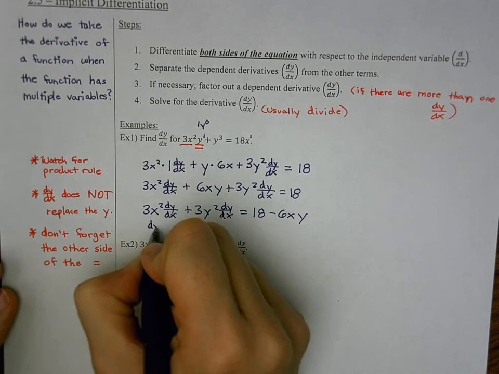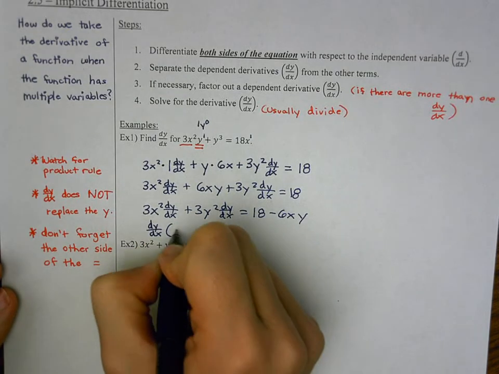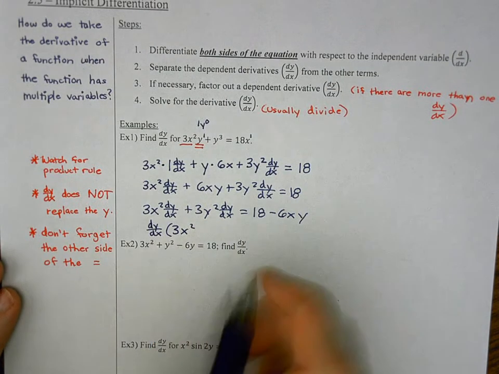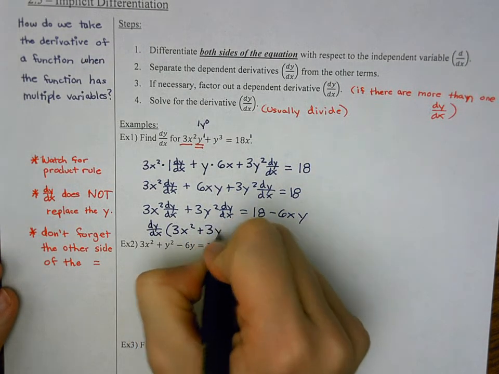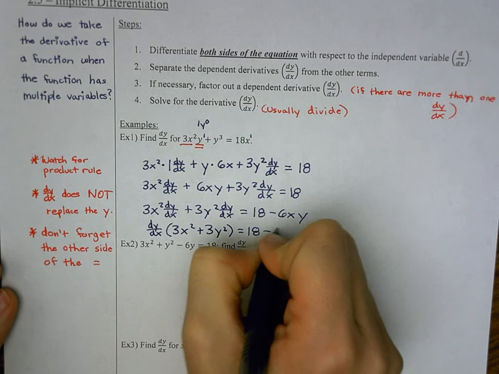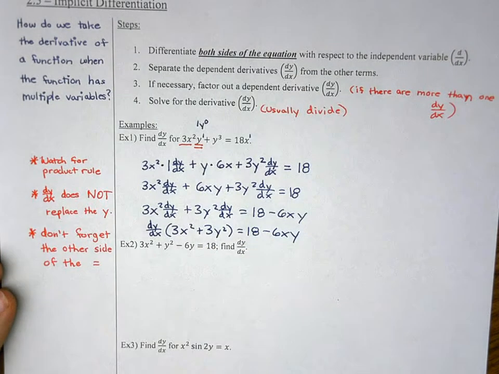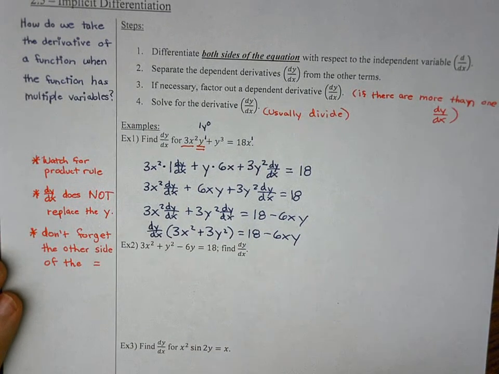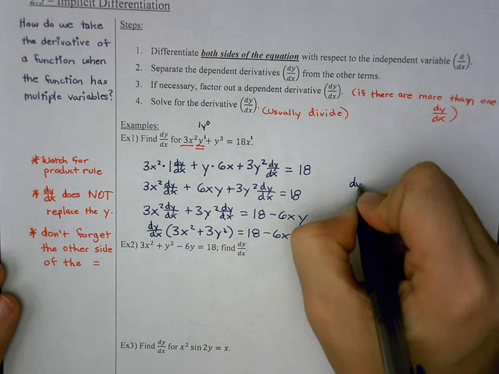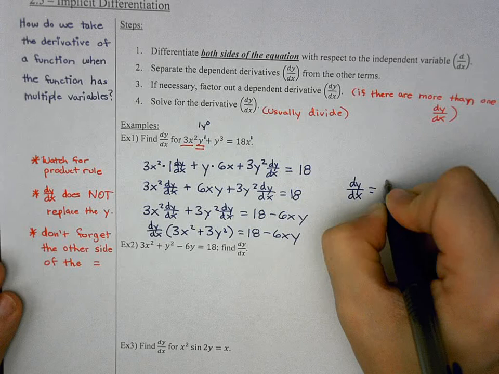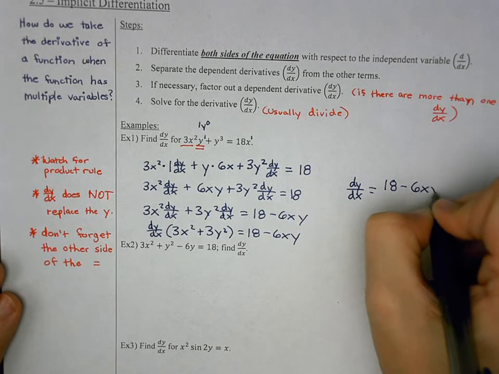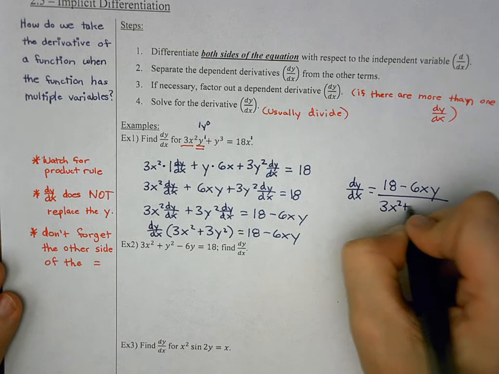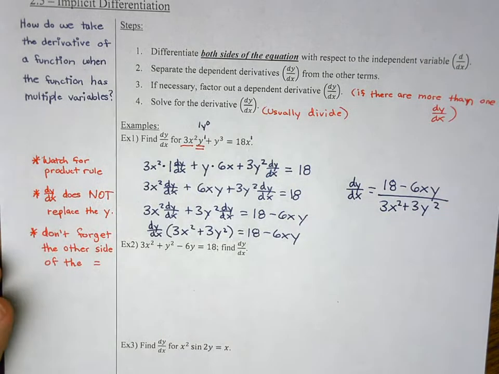We have dy dx times 3x squared would be left in the first term when I pulled the dy dx out, and 3y squared would be left in the second term. And then solve for the derivative. Dy dx usually means divide. So I'm going to divide that over to the other side. So dy dx equals 18 minus 6xy, all divided by 3x squared plus 3y squared, which would be your answer.